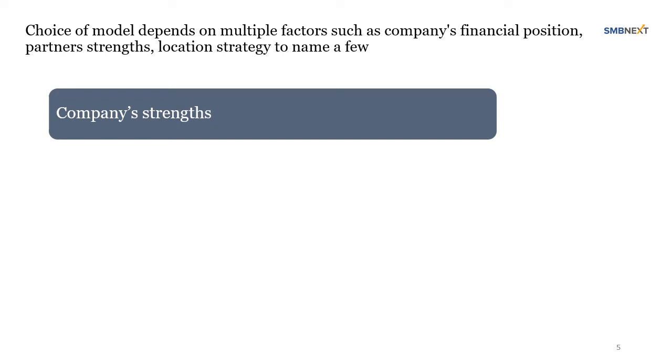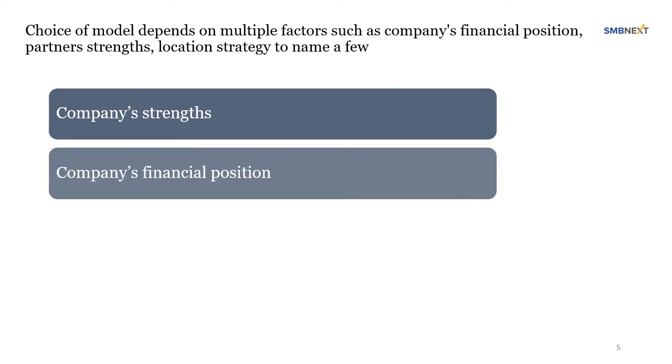Your company's strengths could also be that financially you are very strong. You have strong cash flows. In that case, you may also look at opening your own store rather than getting into franchising, right? So you need to identify your company's strengths, because that will be a major factor for deciding which model is suitable for you.